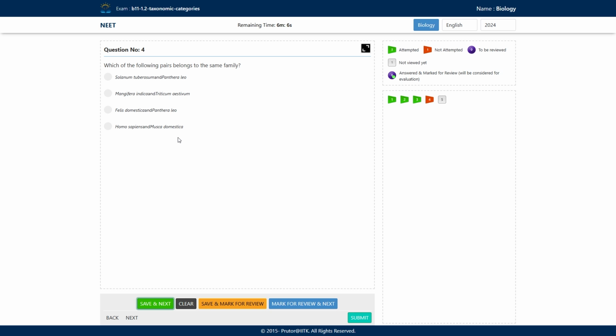So what will be the correct answer? Felis domestica and Panthera leo should be the correct answer. Felis domestica is the cat and Panthera leo is the lion. They belong to the same family.